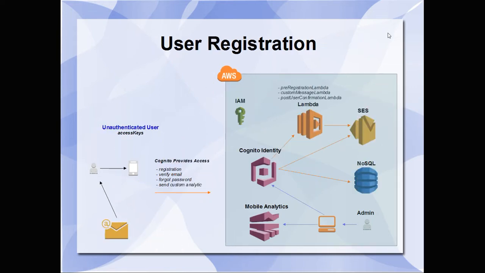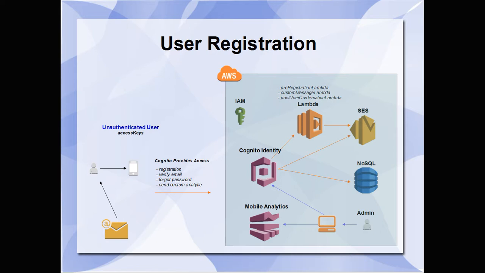Okay, so let's go through some of the scenarios. So this user registration. Now you have an unauthenticated user using their mobile app. The mobile app was generated by Mobile Hub. Inside the mobile app, there's code that says when the app fires up, get me a Cognito Identity access key.